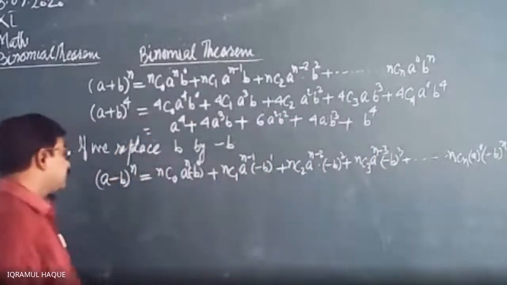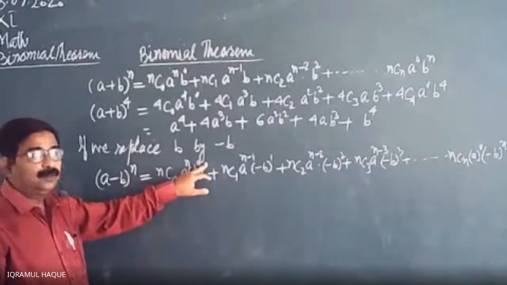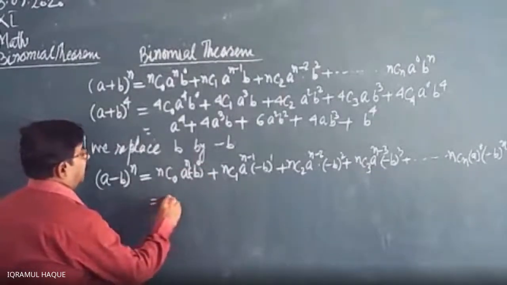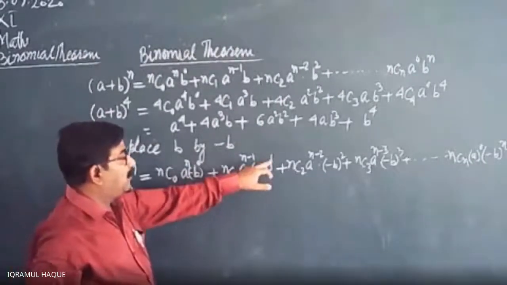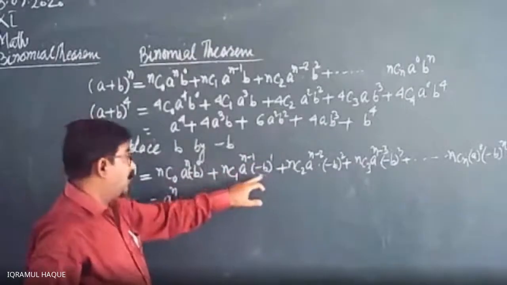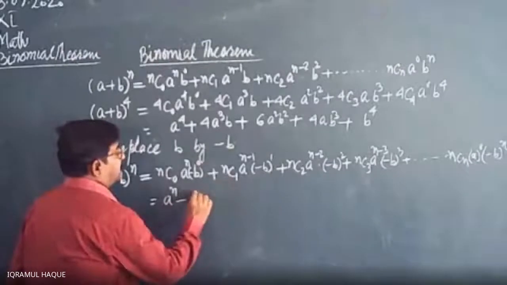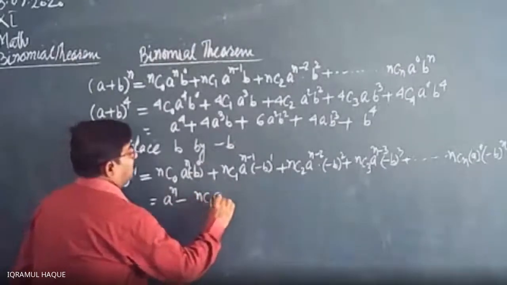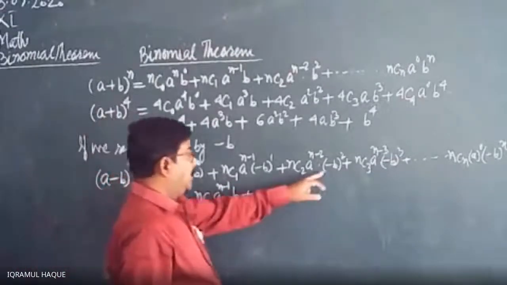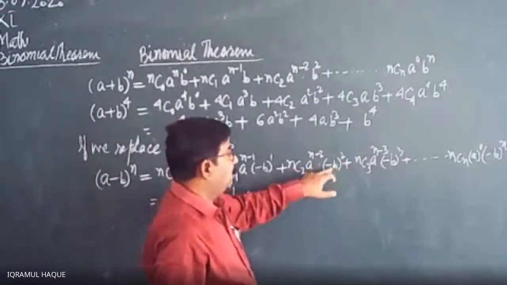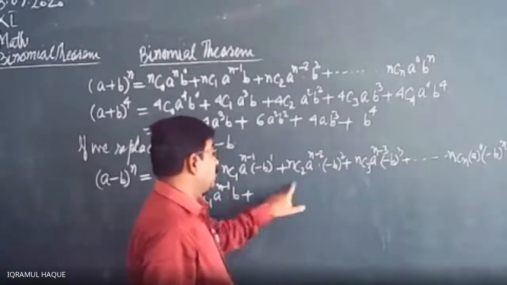So see, here minus b to the power 0 becomes 1. So first term is a to the power n. Second term, minus b to the power 1, that is negative. So this term, minus into plus is minus. We have nC1 a to the power n minus 1 into b. Plus, here see, minus b to the power 2, minus b square is plus, plus into plus plus.